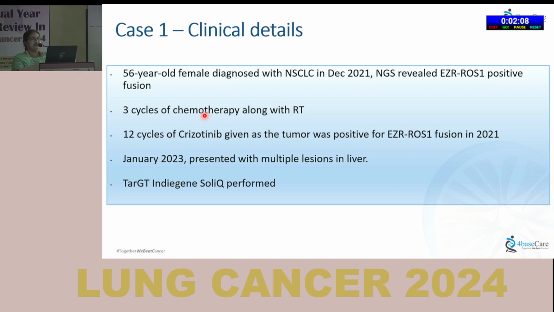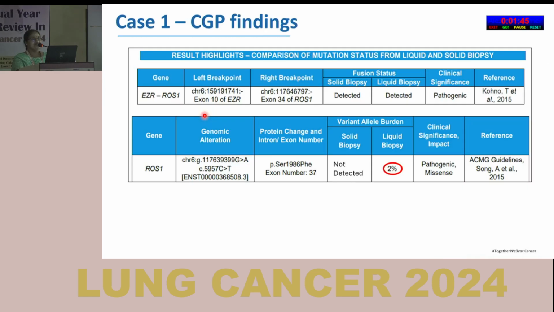This is a case of lung cancer patient diagnosed in 21 December, and initially her tissue biopsy did not have enough material, and then we rebiopsied and we got, this is actually a case from TNH only, and then she was ROS1 positive, treated, and then when we looked at the tissue plus liquid biopsy at the time of disease progression, we found that the ROS1 fusion was detected in both tissue and liquid.